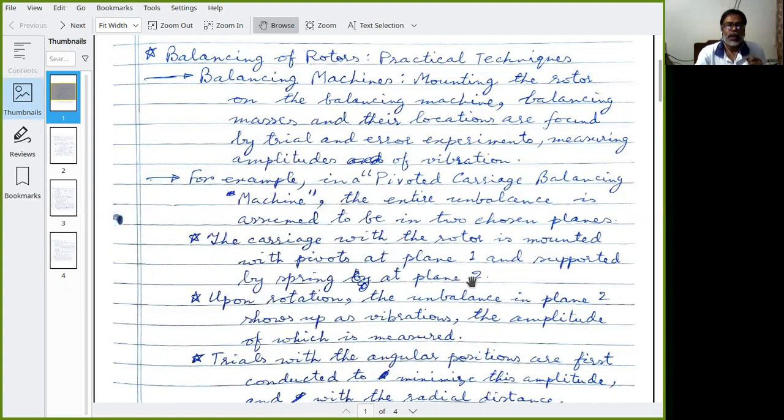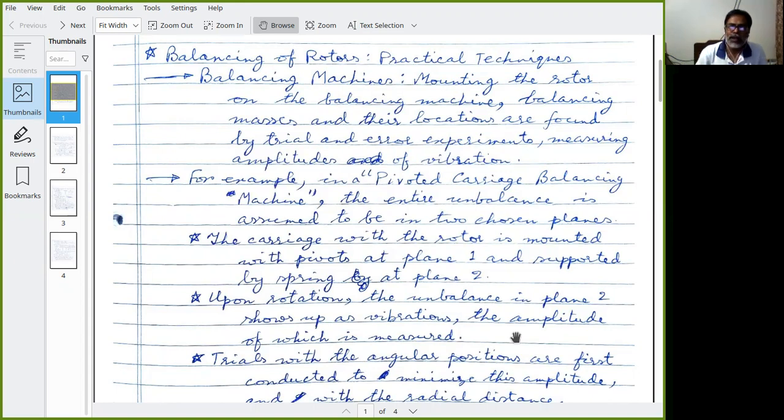So as you rotate at some respectable angular velocity so that measurements are sensible, the unbalance in plane 2 shows up as vibrations, and the amplitude of that is measured. This is the first trial. In the first trial, if you find that the amplitude is so small that it's already balanced, then you are finished. But that is not typically what happens. So then you register some amplitude of vibration.